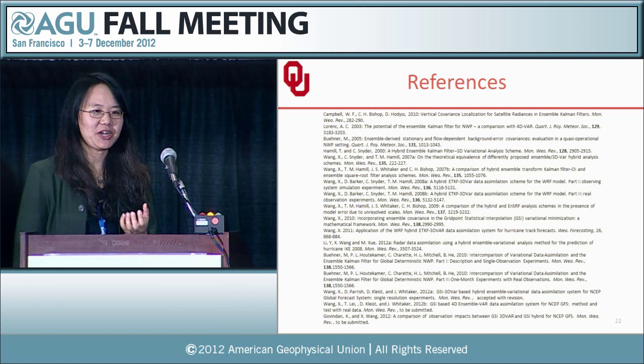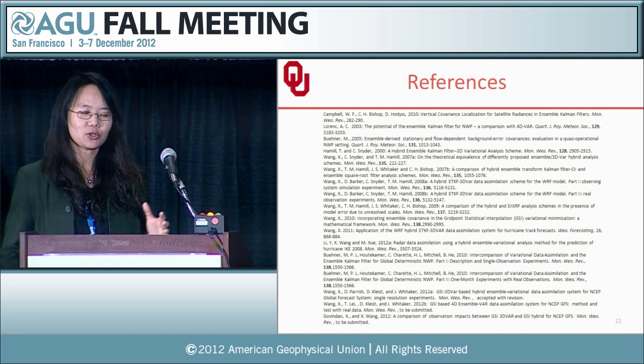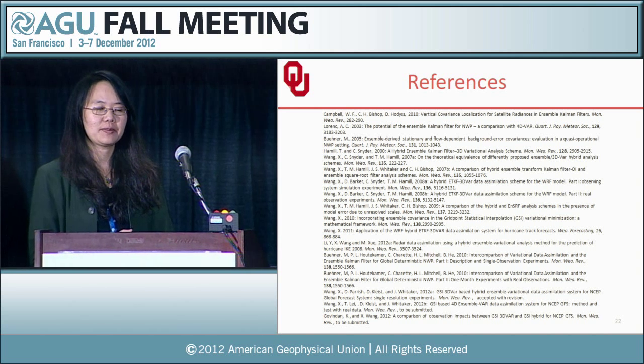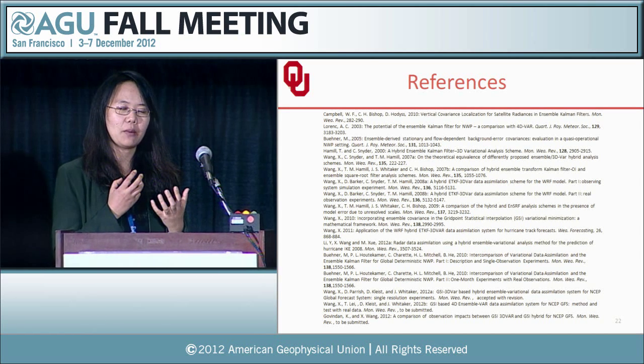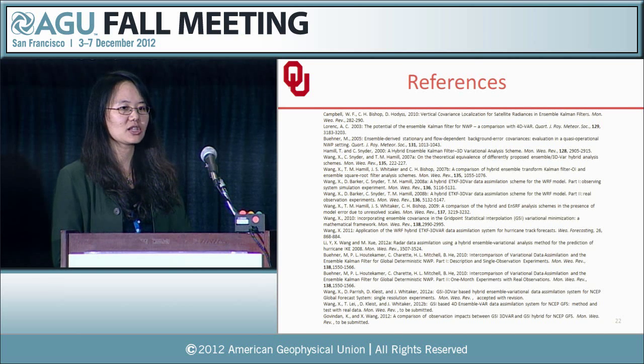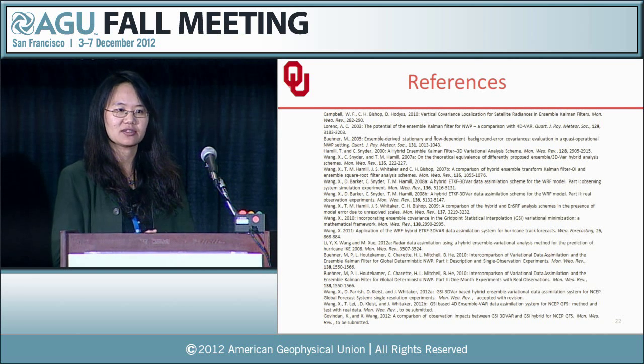I think the spirit is similar because we also try to incorporate ensembles into the variational framework, but the way to realize the incorporation of ensembles into the variational framework may not be the same. This is also using the ensemble Kalman filter as a way to generate the ensembles.